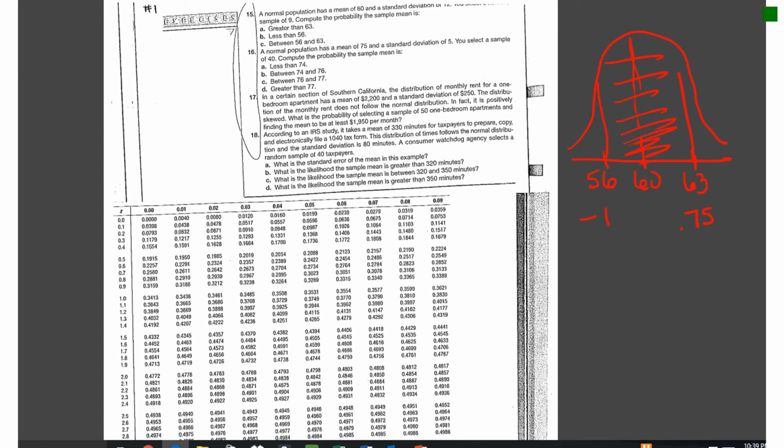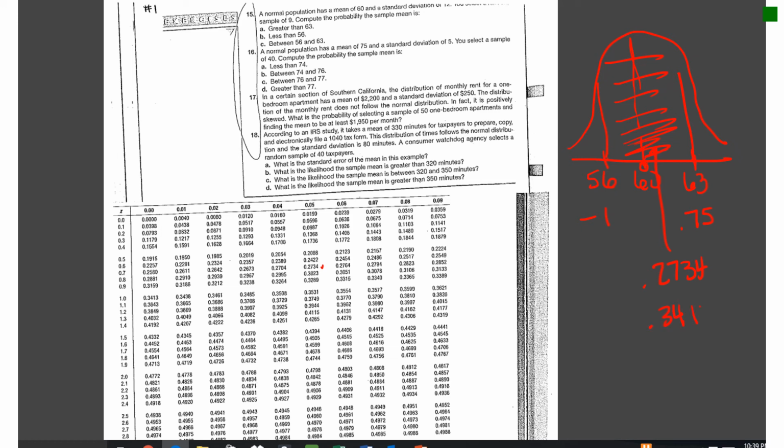If you just look up 0.75 as is, that's going to give you 0.2734. So that's going to be that part of the curve. And then to get from 0 to -1, that's the same as saying 0 to +1. So if we just look up 1, you see that that's 0.3413.